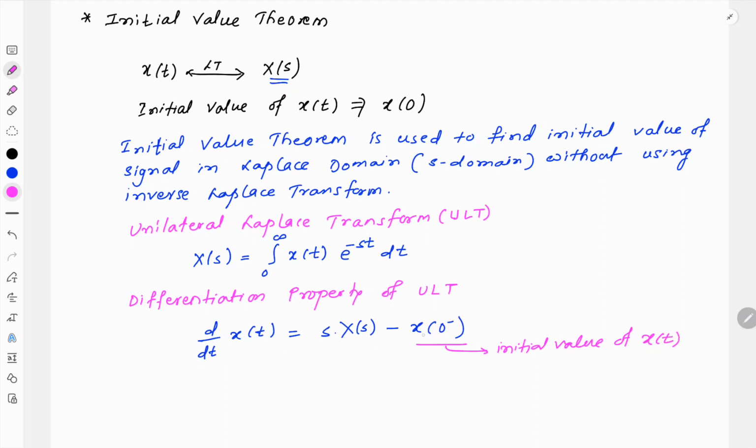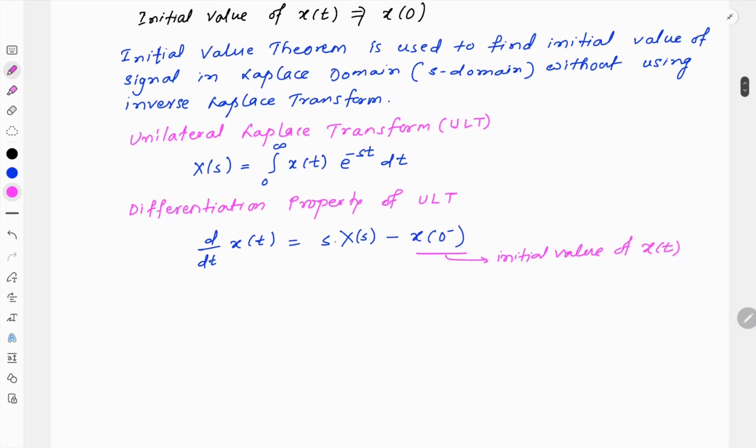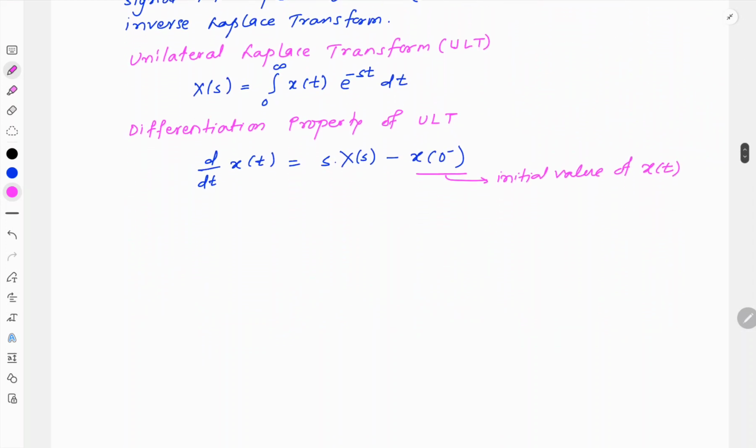Now we are supposed to find out this x of 0 value using the equation for x of s. So let us derive the equation. To find out the initial value of signal x of t, this initial value can be represented as x of 0.